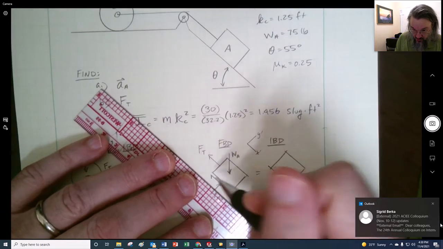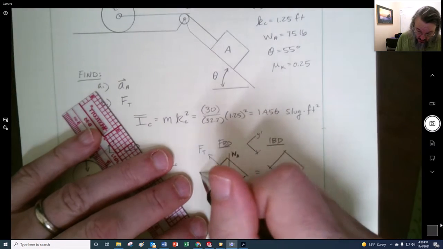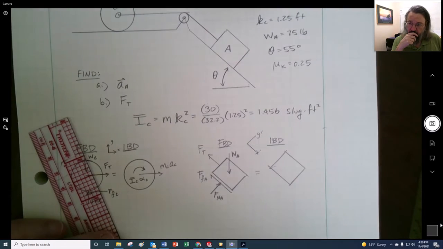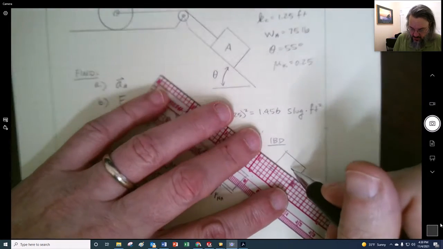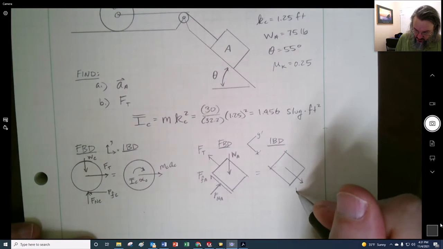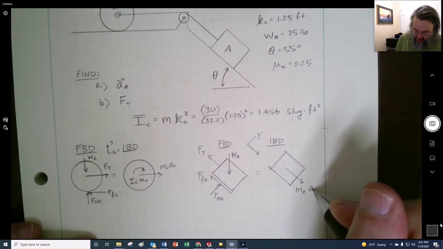So it goes that direction right there. And so we have F_A. And I think I have all the forces. I think so. And we're going to predict this thing is going to accelerate down here. So it's the m_A a_A.